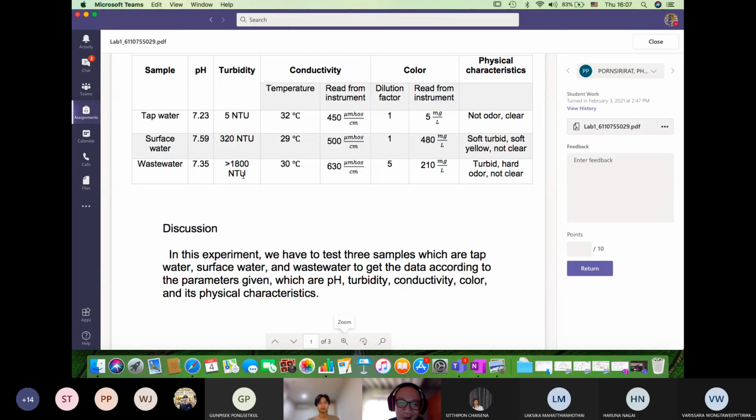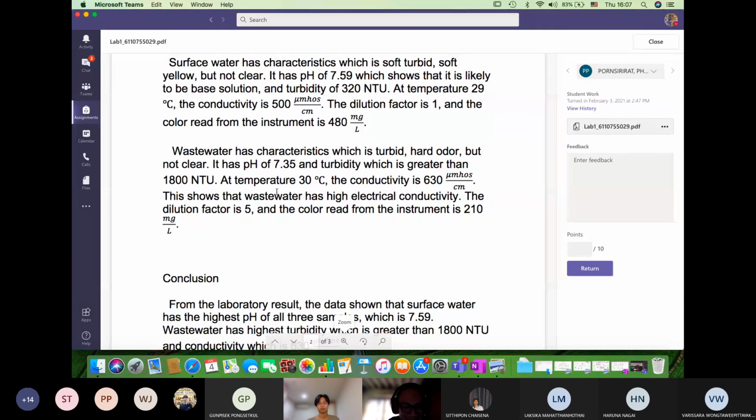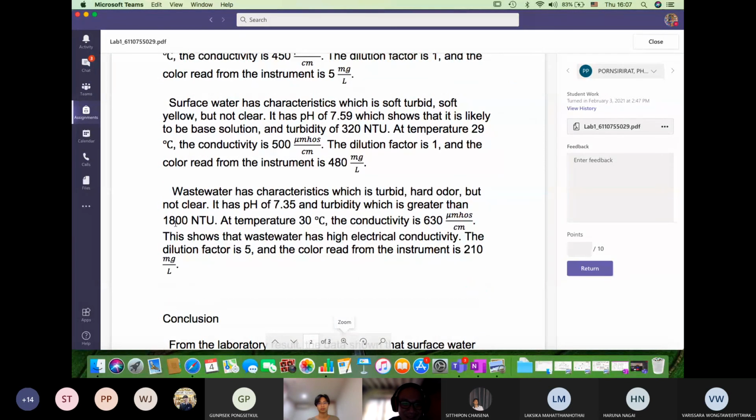Maybe you can just report it, but it doesn't have any meaning for the wastewater. For wastewater, normally we measure in terms of the suspended solids, not the turbidity.